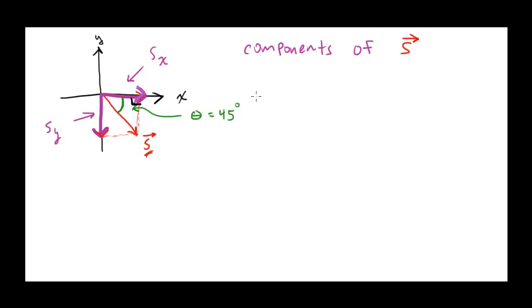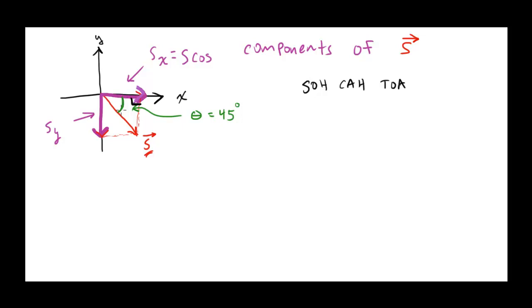So we remember SOH-CAH-TOA. This should be familiar. So I can say that S sub x is going to be equal to S, the magnitude of S, times the cosine of this angle, 45. But I've got to be careful here because the 45 degrees is negative.